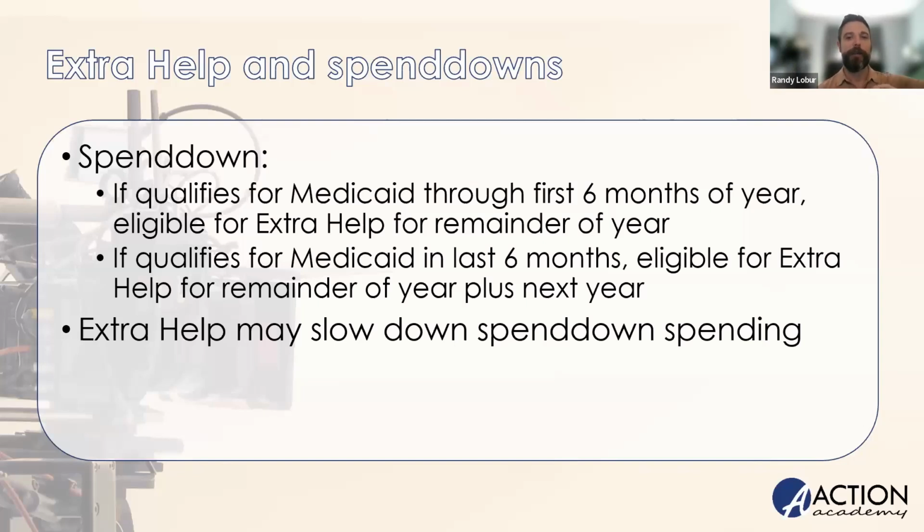Where they were getting a lot of spend down toward that monthly deductible beforehand, now they're only getting $11 toward that $400 or $500 spend down, which means they need to find other ways to have medical spending before their actual Medicaid benefits kick in and provide assistance.